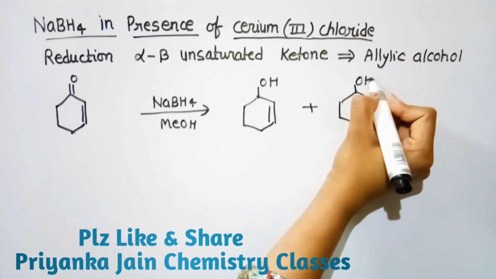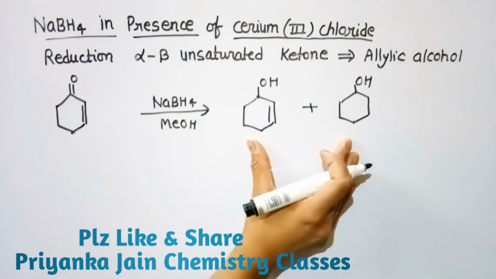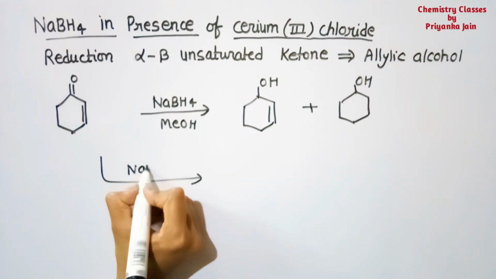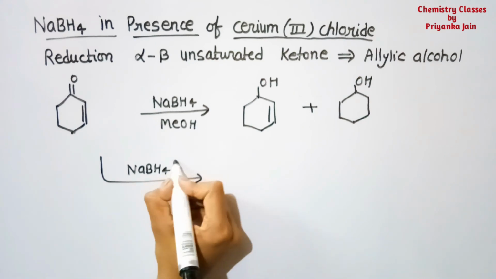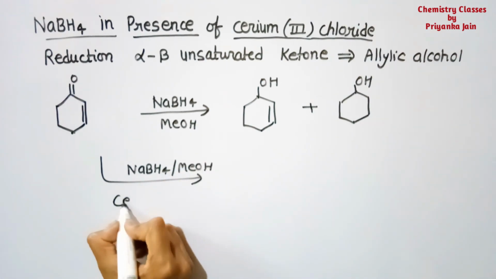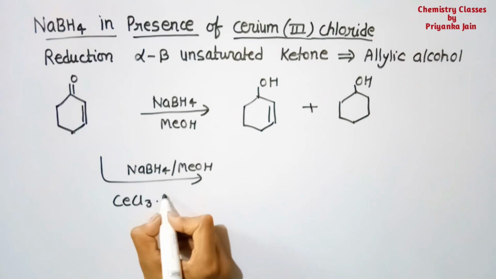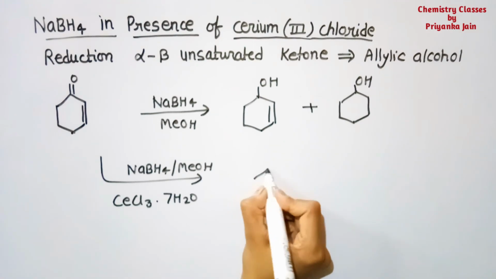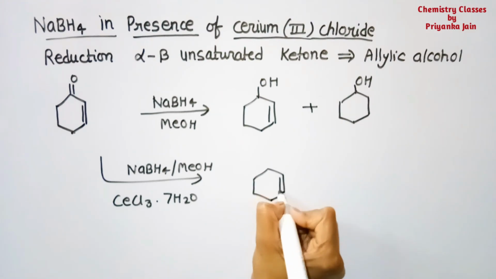There is a probability of getting a mixture of the two products. But when we take NaBH4 in ethanol in the presence of cerium trichloride, then we selectively get this allylic alcohol here.